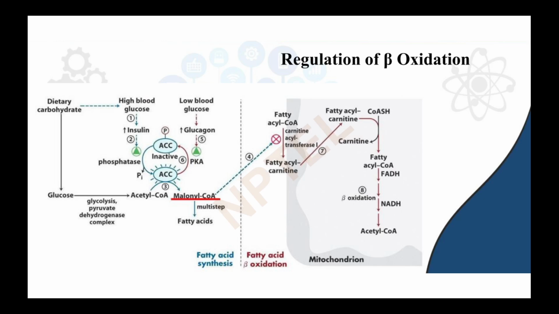We'll see how. So this is the regulation of beta oxidation. In case of high blood glucose, insulin is secreted and it signals towards the glucose uptake via glycolysis.